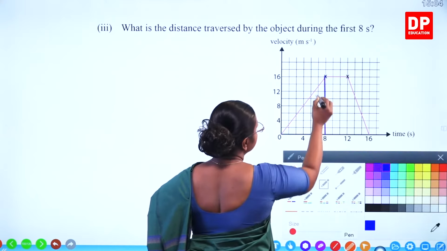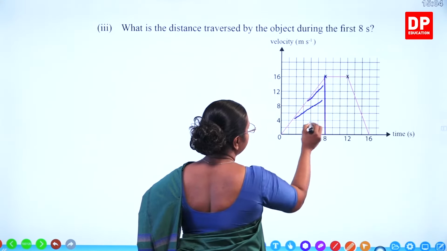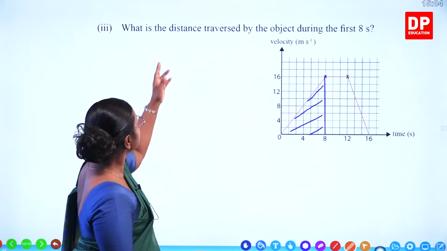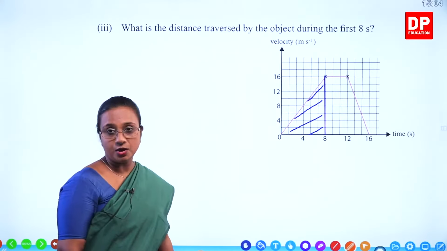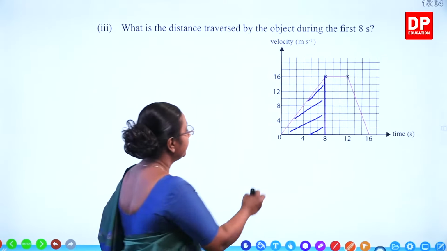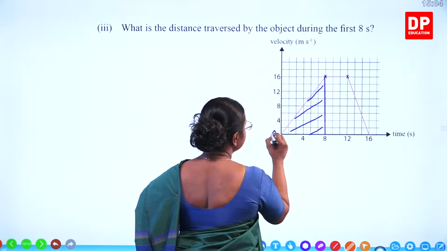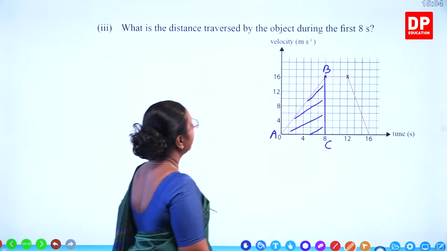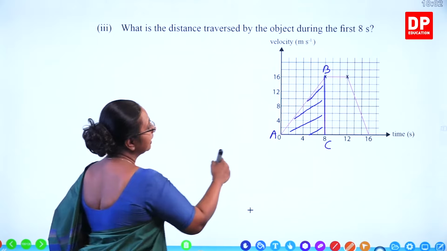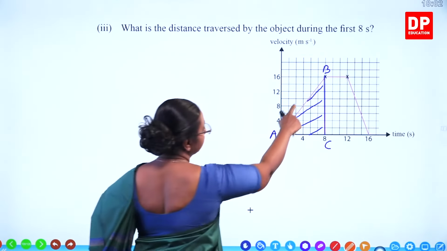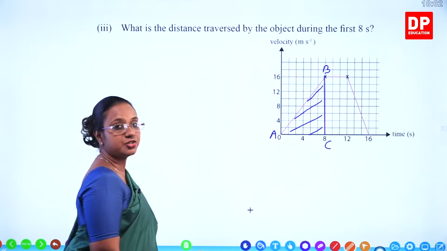So that is going to be this area of the triangle. That will be the distance traversed by the object during the first 8 seconds. We can label the triangle as A, B, C. Then we will calculate the distance traversed by the object using the area of this triangle.